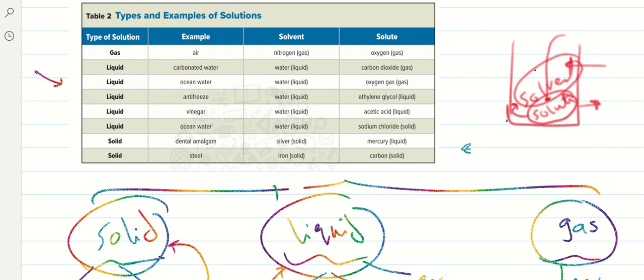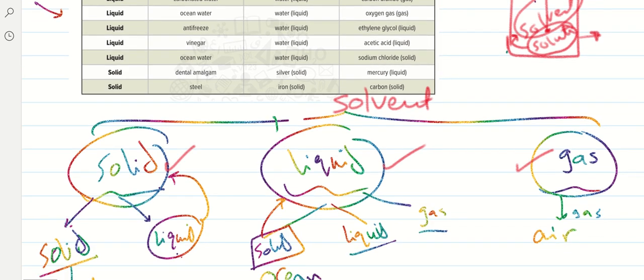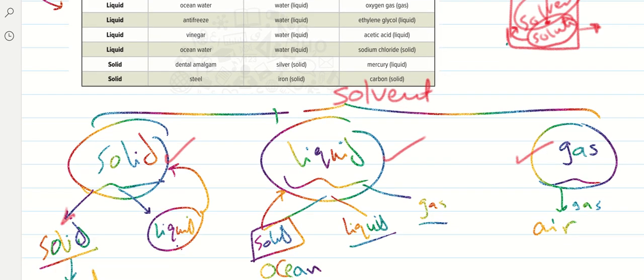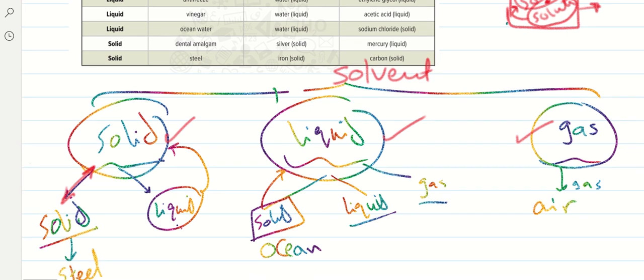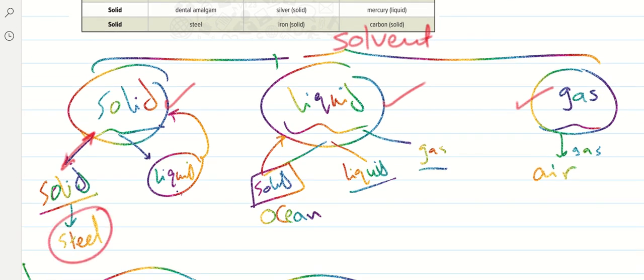Okay? We know that we have 3 states of matter: solid, liquid, and gas. If we say that these are the solvent, then I have solid, liquid, and gas solvent. Let's start with the solid. If solid is added to solid to be dissolved in it, it will be steel.